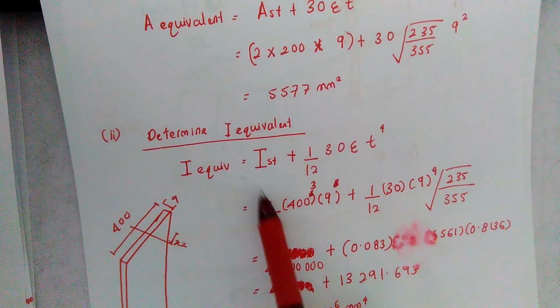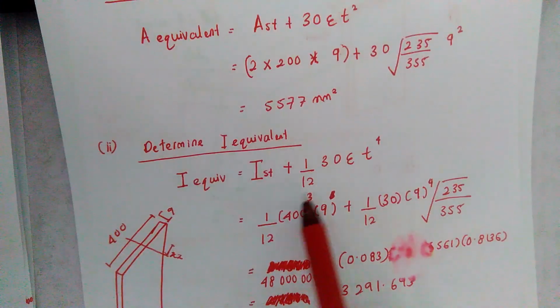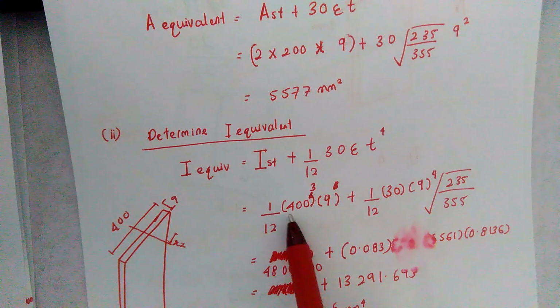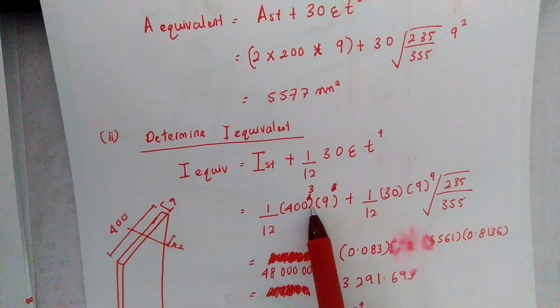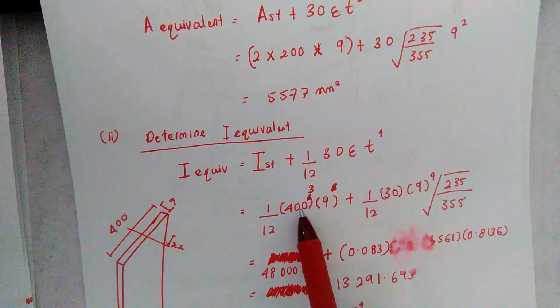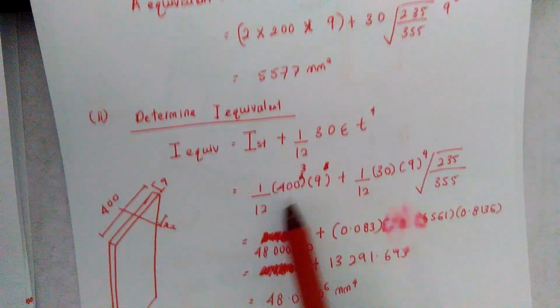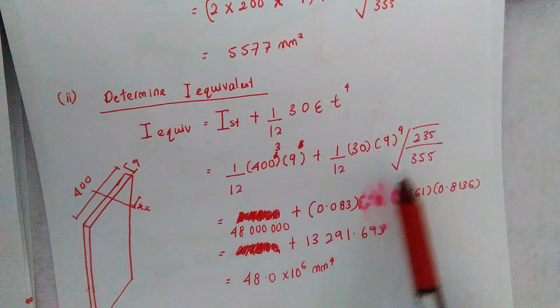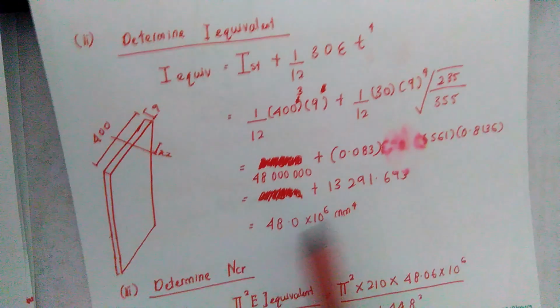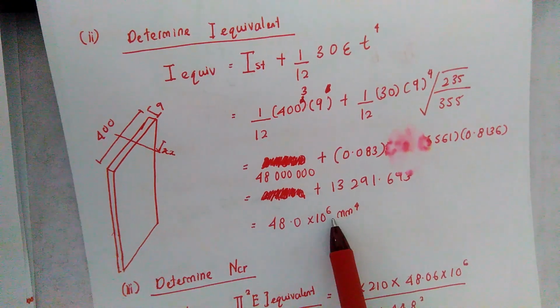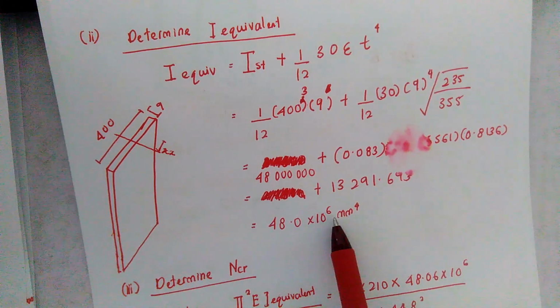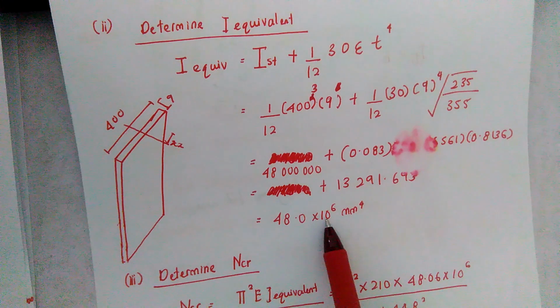I_st we calculated earlier, 409, and then we know that it is actually b h cubed over 12. You insert the values here, and finally you get the I equivalent equal to 48.0 times 10 to the power of 6 millimeters to the fourth.